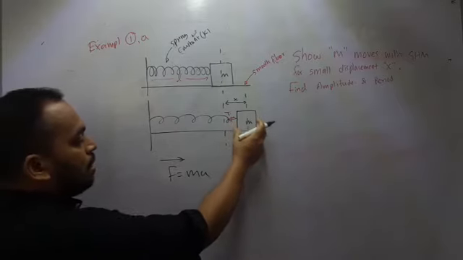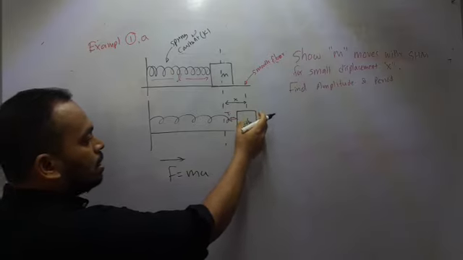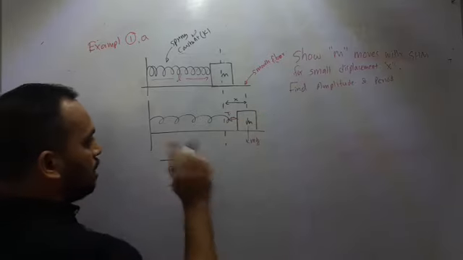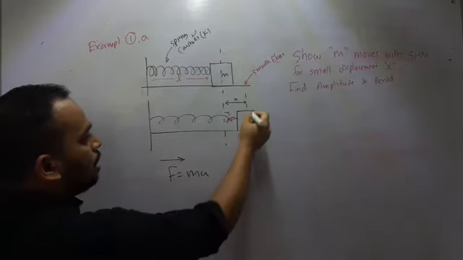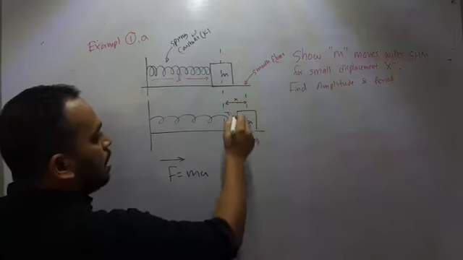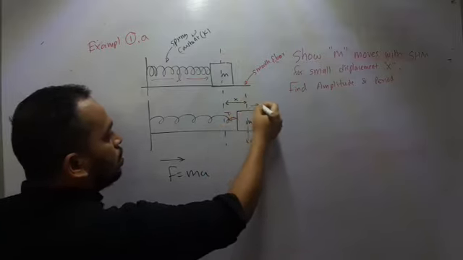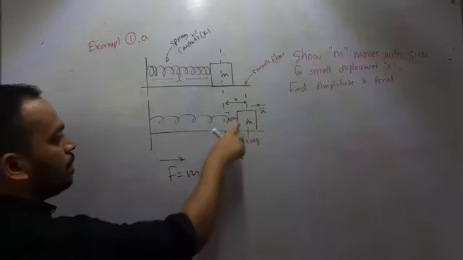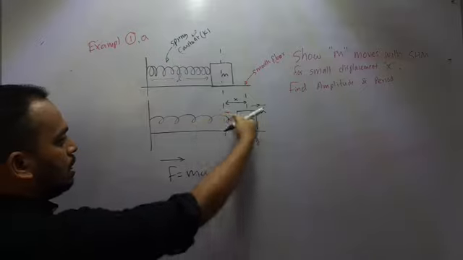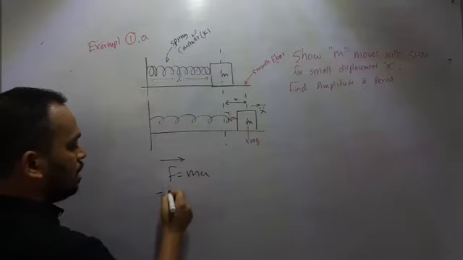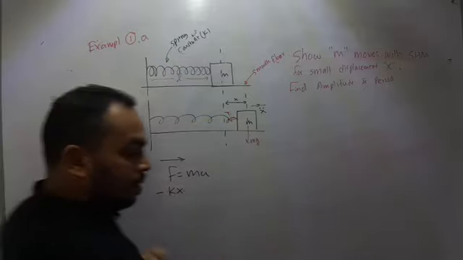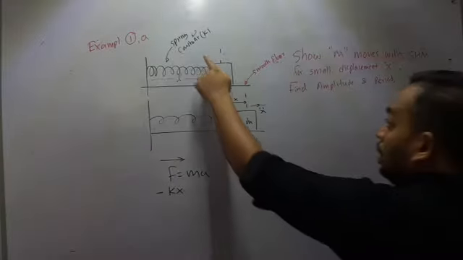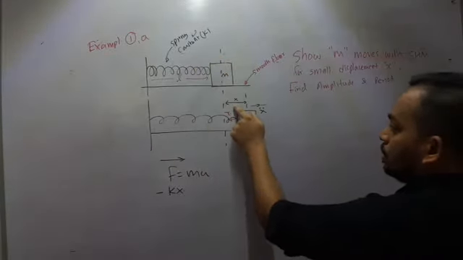So when you release it, the starting velocity is 0. Please keep that in mind. When this is x, there should be an acceleration in this direction, x double dot. So F, the force, the only force acting is the tension, that is minus kx. Spring constant is k and the displacement is x.